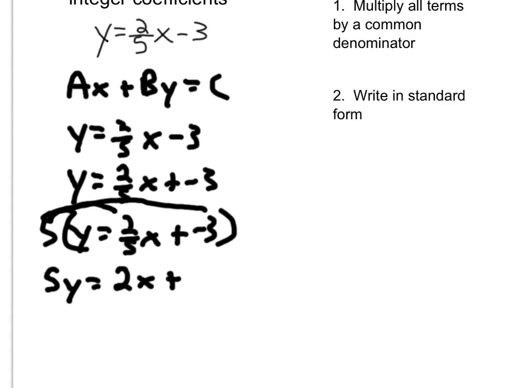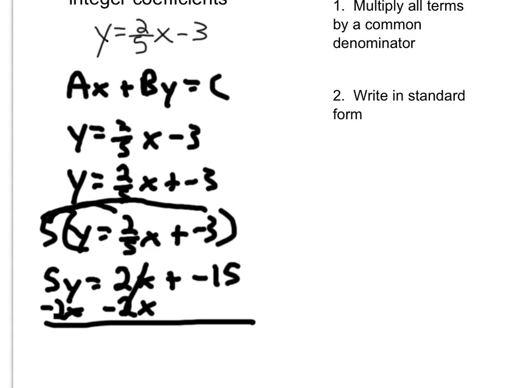Plus 5 times negative 3 is negative 15. And now we just need it in ax plus by equals c form, so that means that our x's and y's have to be on the same side, and we have to have just a constant over here. So I've got to get my 2x on the same side as the y, so I've got to subtract 2x from each side.